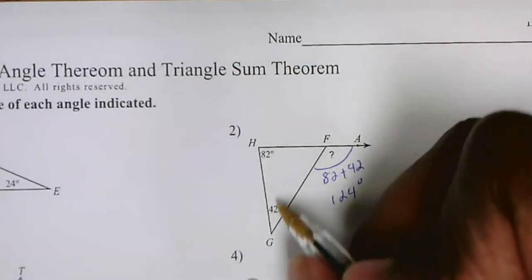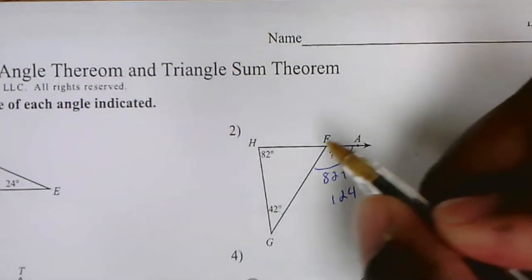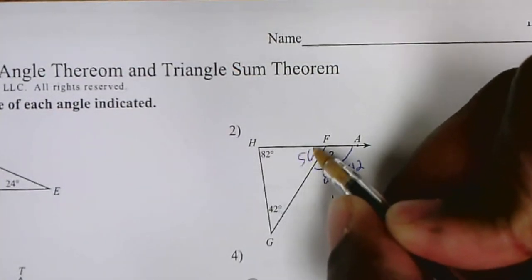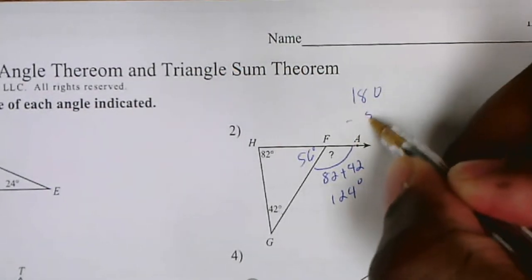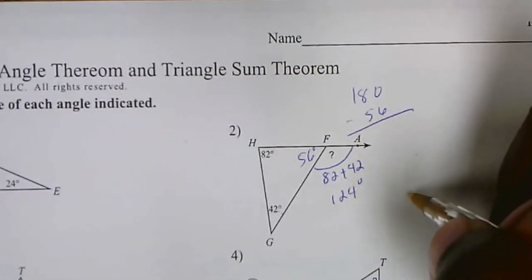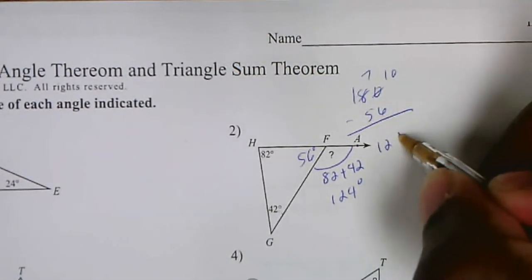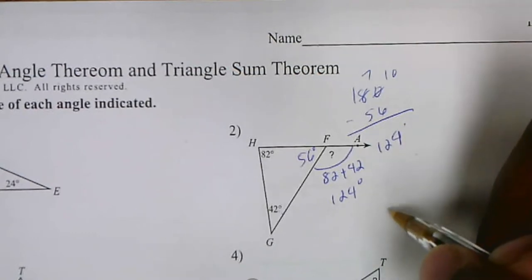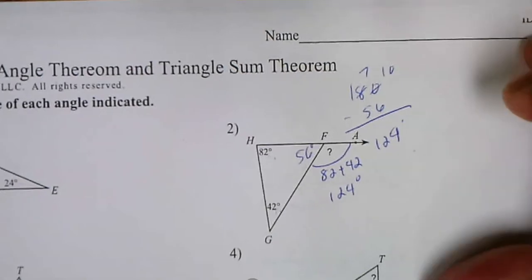If that's 82 and that's 42, that's 124, and that will leave you with 56 degrees for that angle. If we have 180, subtract 56, we wind up with 124. So that's the reason why it's 124. It's these two angles added together.